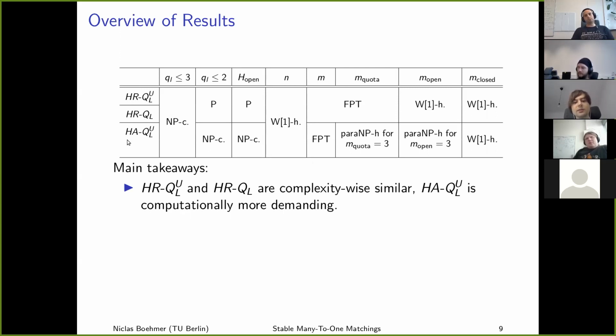On the other hand, the house allocation problem with lower and upper quotas is computationally more demanding than the other 2. For example, here we have the 2 polynomial-time results where we have NP completeness on this side, and here we have an FPT result where we have para hardness. On a high level, why this is the case is because the preferences of hospitals may act as a tiebreaker to decide which residents deserve a good spot in a stable matching.